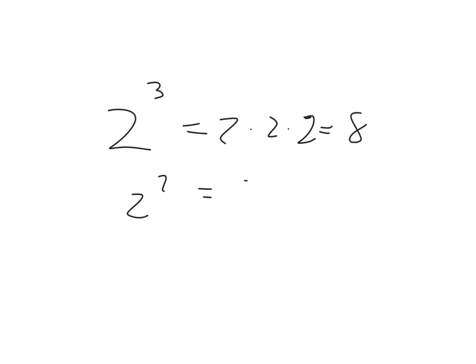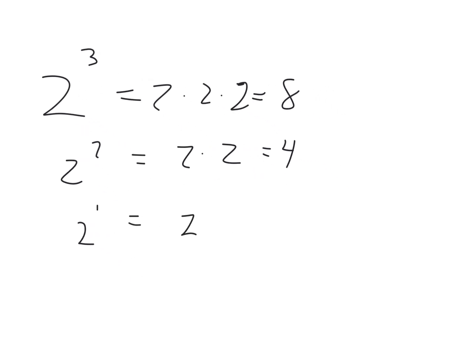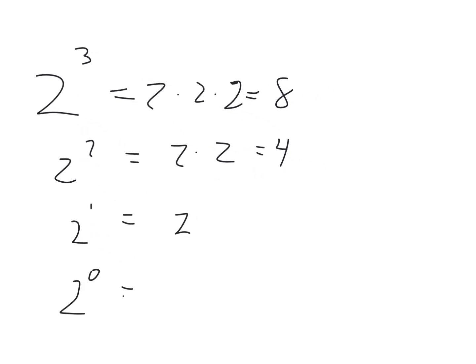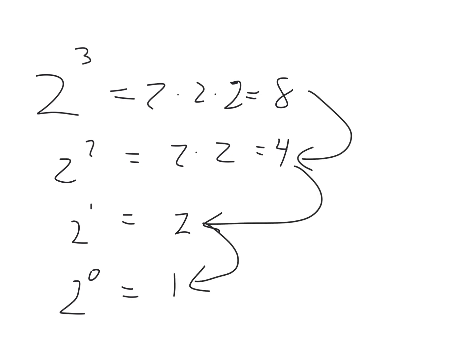It goes like this. 2 to the third, that means 2 times 2 times 2, which is 8. 2 to the second, that's 2 times 2, which is 4. 2 to the first, everybody understands that's just 2. If you follow the pattern, half of this, half of this, half of this is 1, see? Anything to the zero power, if you just follow the pattern, it'll be 1.